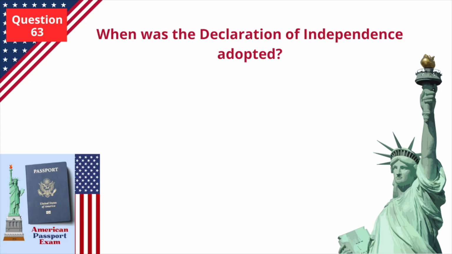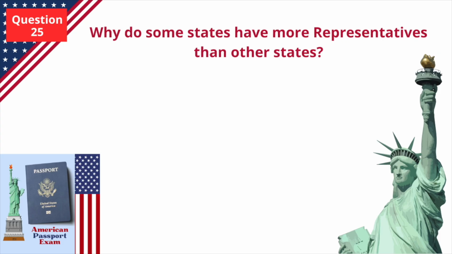When was the Declaration of Independence adopted? July 4, 1776. Why do some states have more representatives than other states?